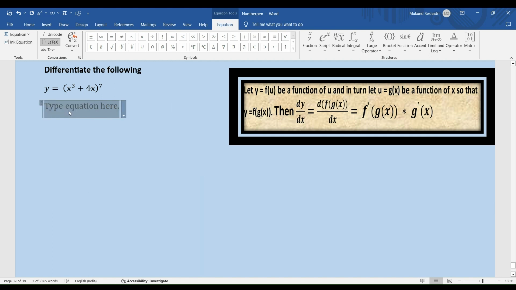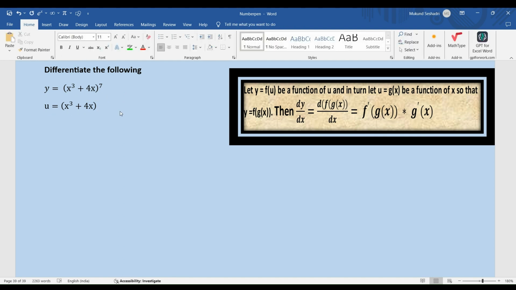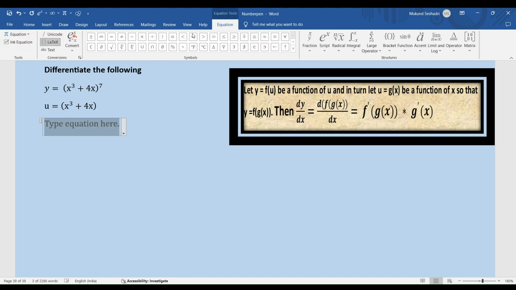So that will help me eliminate x from y, express y in terms of u, and at the same time, my y becomes a function whose derivative I am quite familiar with from first principles, right?